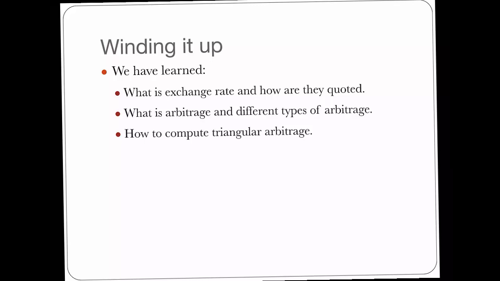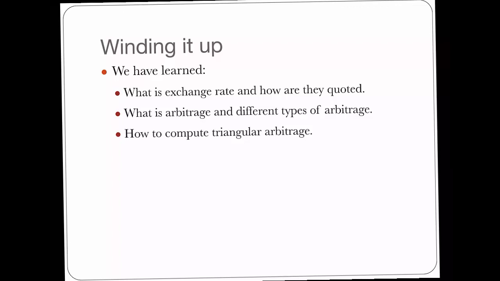For example, the American term, the European term, what are the ways to quote it, and there are two quotes, direct quotes and indirect quotes. So we learned these terms. You also saw what is arbitrage and what are the three arbitrages, but we actually focused on only two arbitrages. One is the locational, the other one is the triangular arbitrage. And finally we also did the profit calculation.